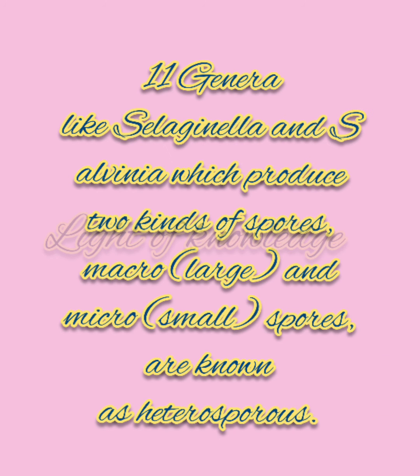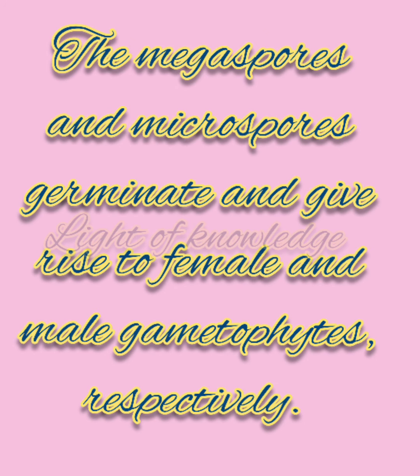Genera like Selaginella and Salvinia, which produce two kinds of spores, macrospores, which are large, and microspores, which are small, are known as heterosporous. The megaspores and microspores germinate and give rise to female and male gametophytes respectively.